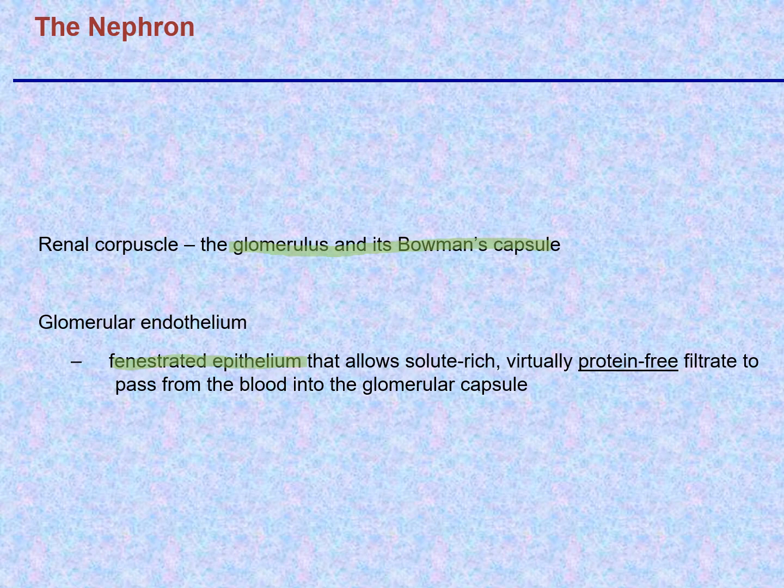They filter the blood plasma, and that filtrate is the fluid that is first formed and goes into the tubular system of the nephrons, and it is essentially a protein-free fluid which is very similar to plasma but completely protein-free. Passes from the blood into the glomerular capsule and then starts going down the tubular system.